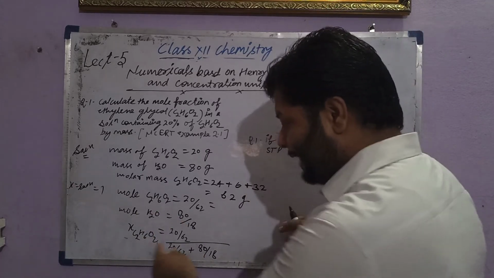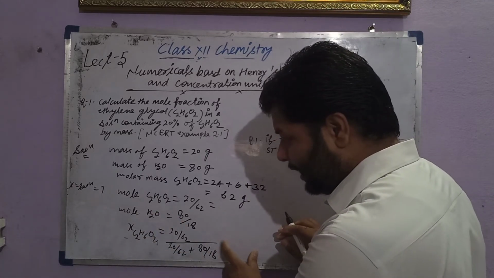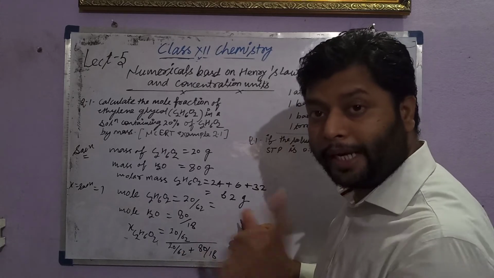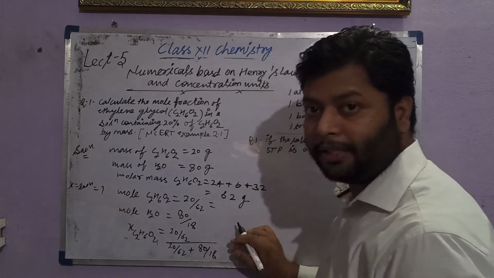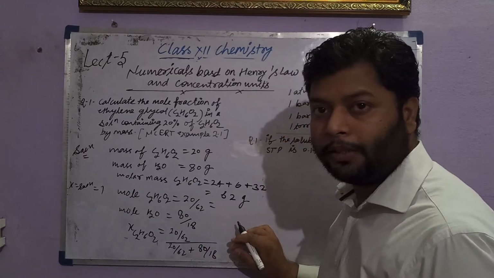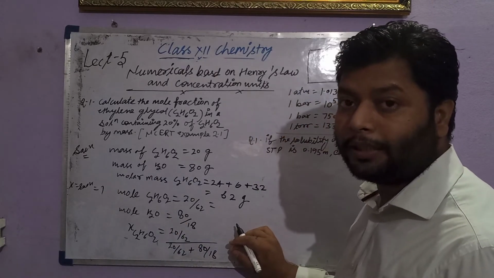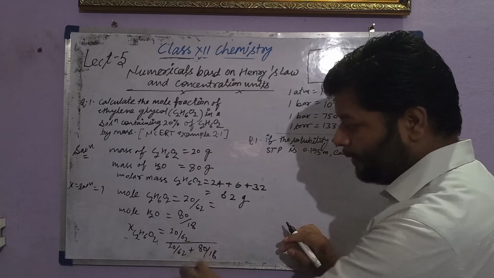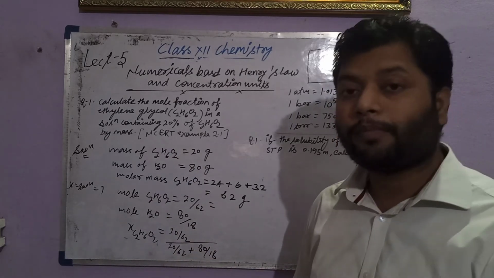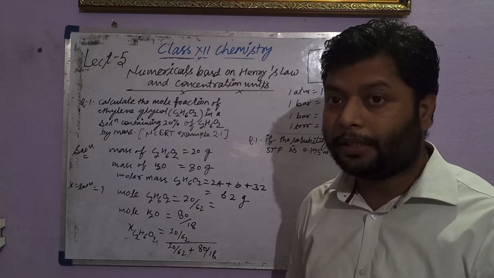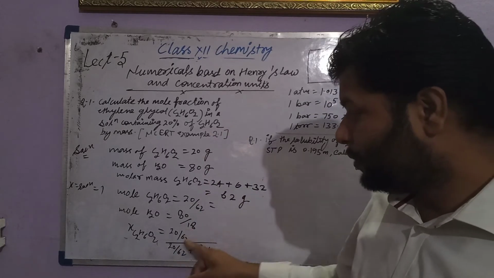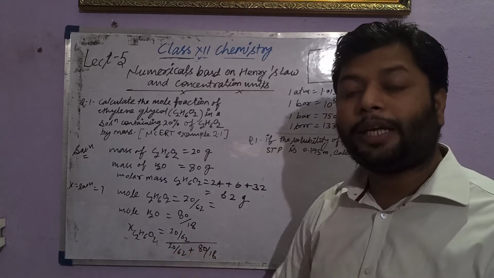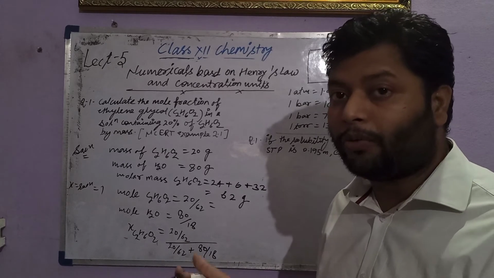So after calculating the mole fraction of ethylene glycol, to get the mole fraction of water, you have to subtract the value from 1. That will give you the mole fraction of water. So the remaining thing you can calculate, I think. I am just leaving the question from here. You just have to solve these things and you will get the value of the mole fraction.